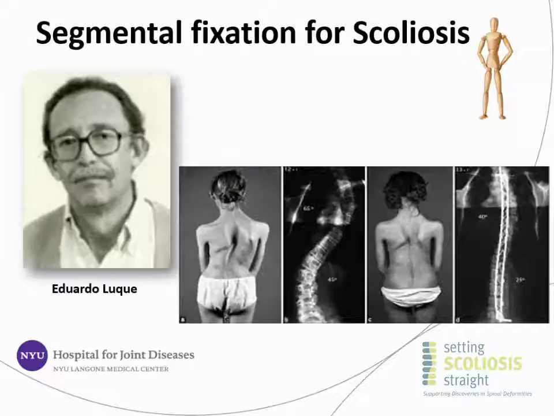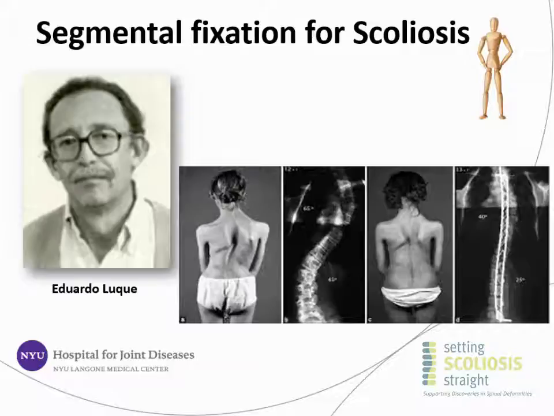So together with a neurosurgeon, he came up with this wiring system, and he would take these long rods, which were L-shaped, and so Luque rods, as they became known. And the important part of this is that each of these wires goes underneath the lamina and he developed what was known as segmental fixation of the spine.